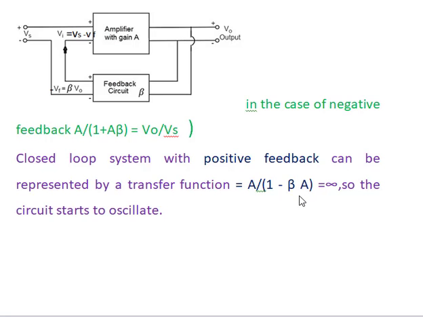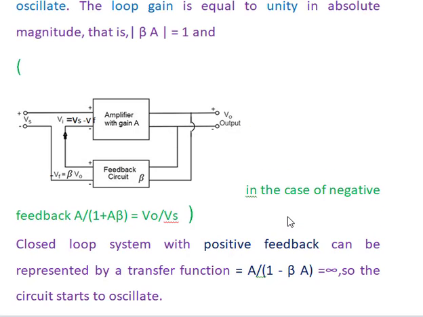To get the output waveform without giving any input, we need a condition. This condition is A divided by 1 minus beta A. The main condition is that the loop gain should be equal to 1. When the loop gain is unity, the transfer function gain with positive feedback is infinity.